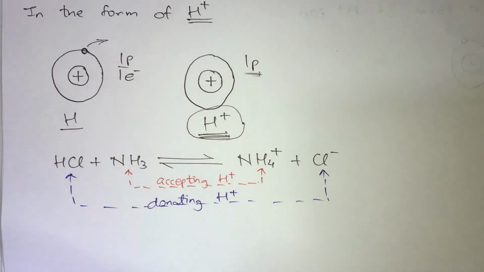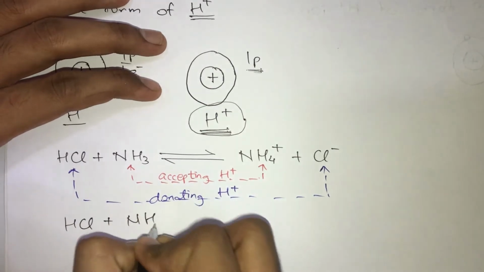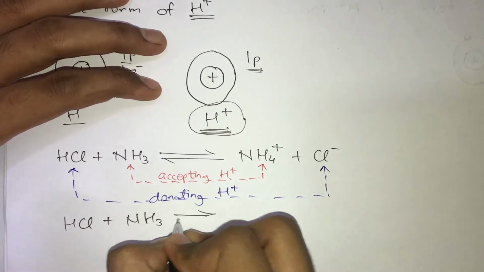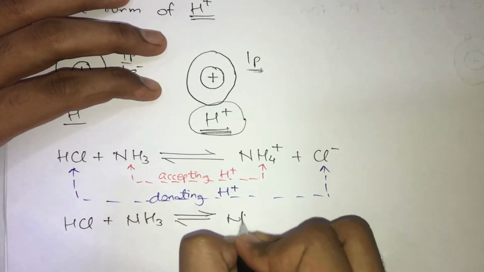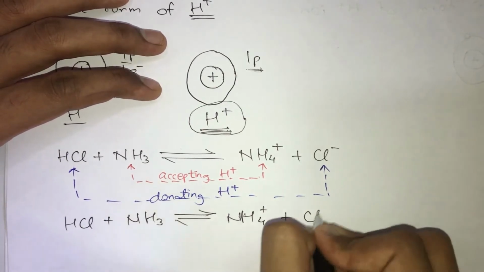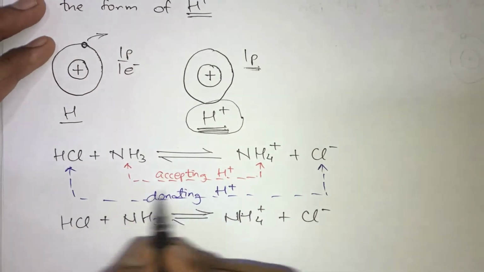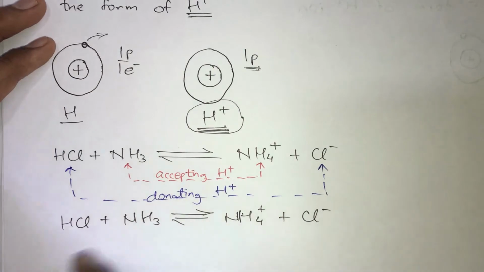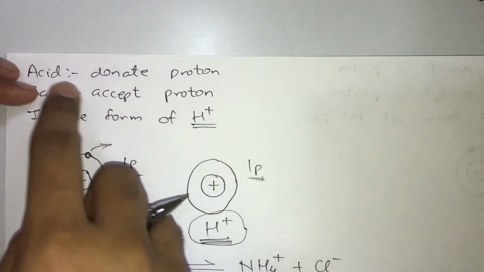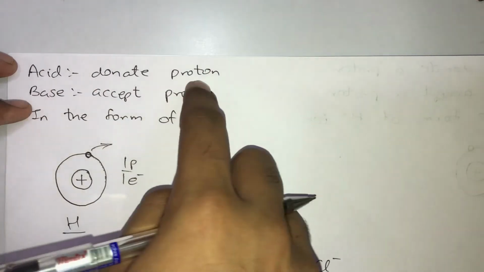Now let me write this equation once again. So this HCl reacting with ammonia and getting converted into NH4 plus Cl minus. Now see, this HCl is donating H plus ion, and who donates H plus ion? It is nothing but an acid that is going to donate a proton.